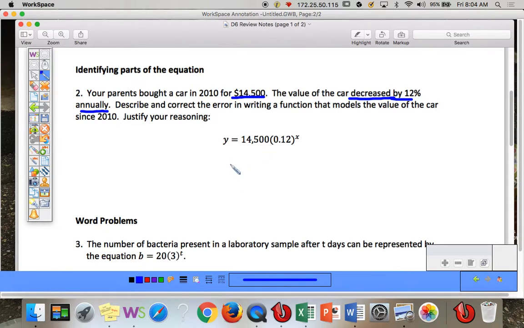So if we take a look at this model right here, the first number should be the starting value, and it is. So this is correct. This is the starting value in 2010. The next thing should be, how much is your car decreasing by? And if it's decreasing by 12% a year, the correct way to write this is 1 minus 0.12.